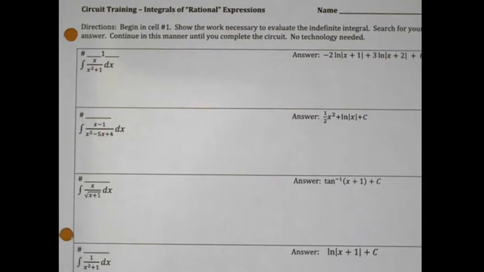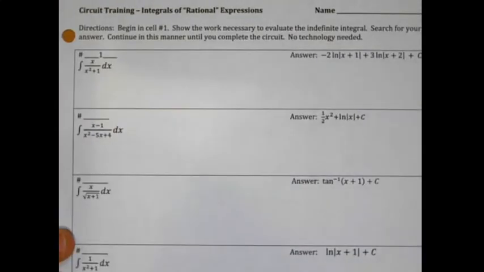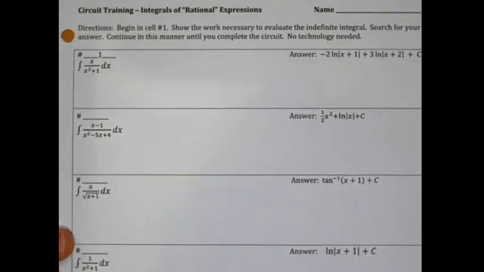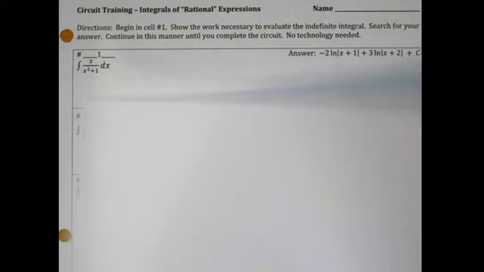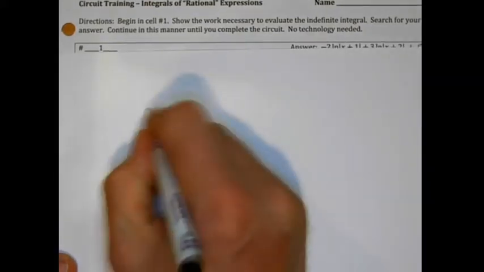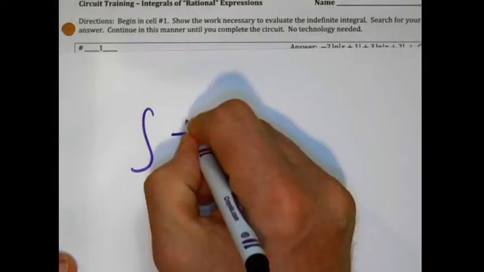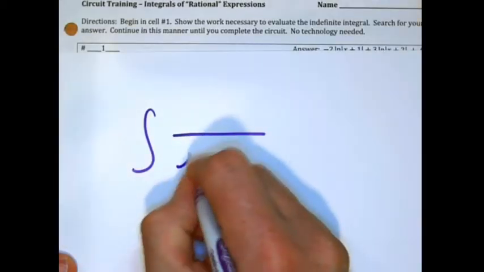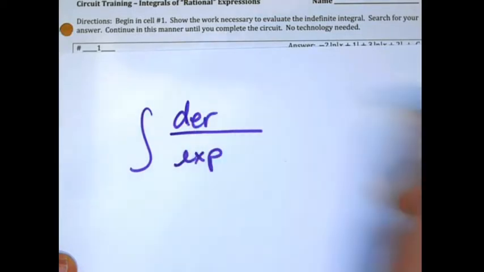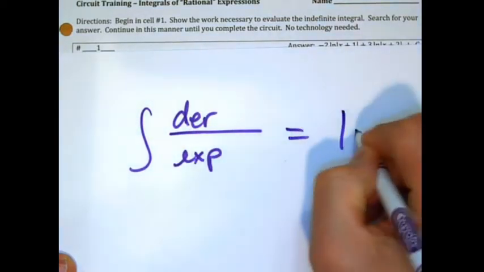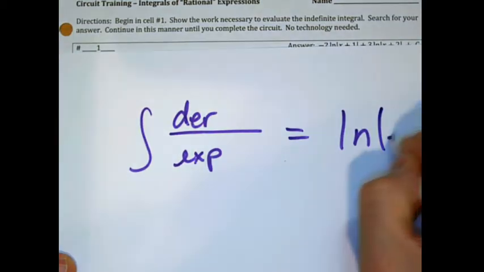Starting off with number 1, we have x over x squared plus 1. Know that if you have an integration and you have an expression and this is the derivative of that expression, this is going to lead you to the natural log of the expression.